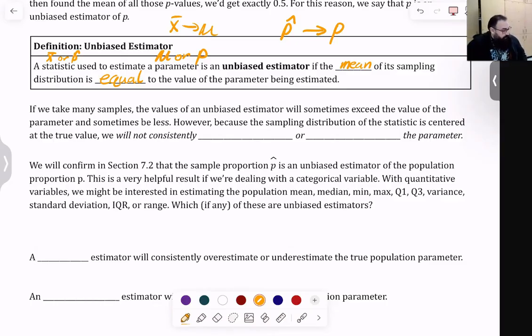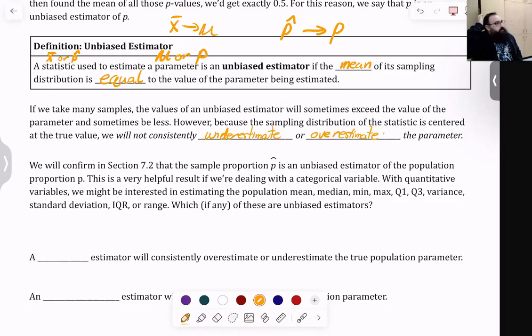However, because the sampling distribution of a statistic is centered around the true value, we will not consistently, and that's the key word, consistently underestimate or overestimate the parameter. And that's the key word for bias.